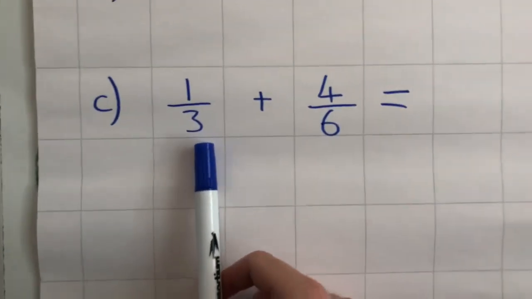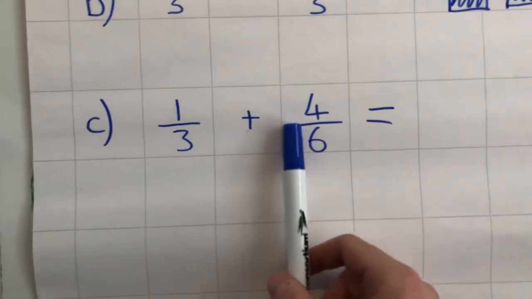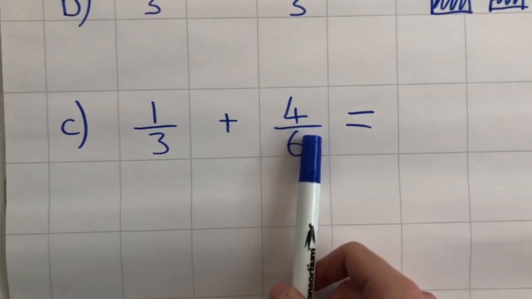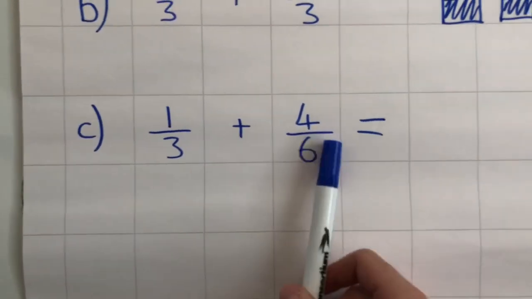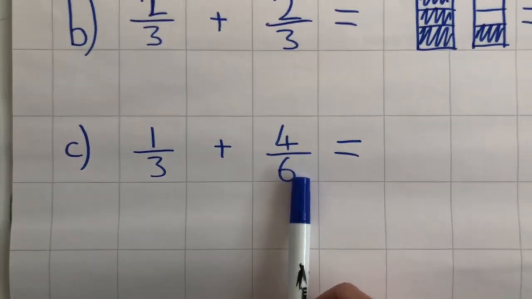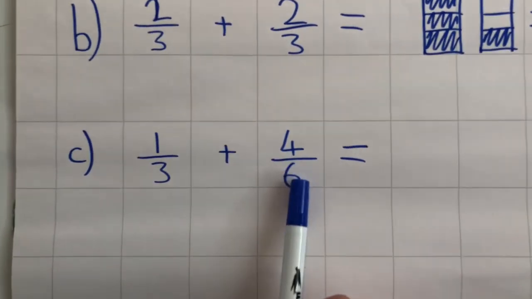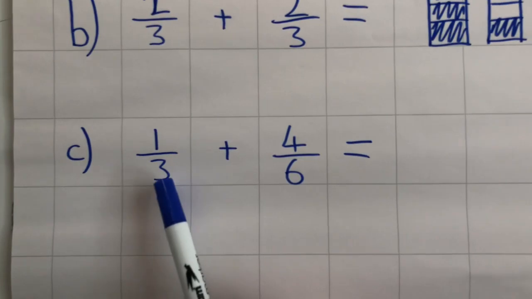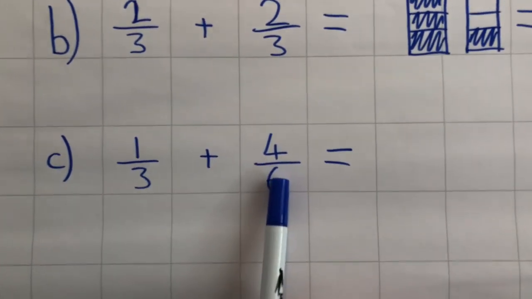Now in this example, my denominators are different, okay? That's not useful. I cannot add a third to a sixth. However, I can see that there are 2 3s in 6.